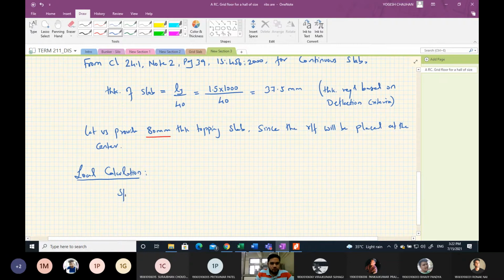So we have the load due to self weight of the slab, which will be 0.08, that is the thickness, times the density of concrete. So that will be equal to 2 kN per square meter.